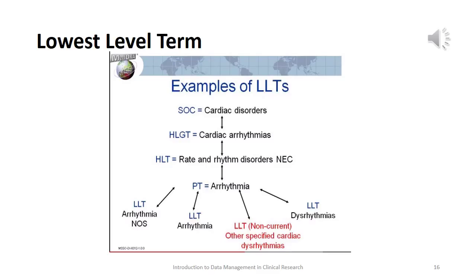And then finally to our preferred term, which is arrhythmia. And as you can see, we have several lowest level terms that we see here, such as arrhythmia, dysrhythmia. There are a few others as well. So all of these are going to be, if a site were to enter those terms into a CRF page, we would further convert them using the dictionary to the preferred term of arrhythmia.